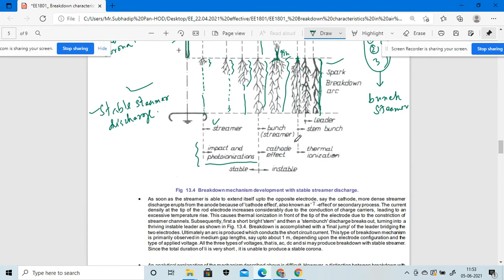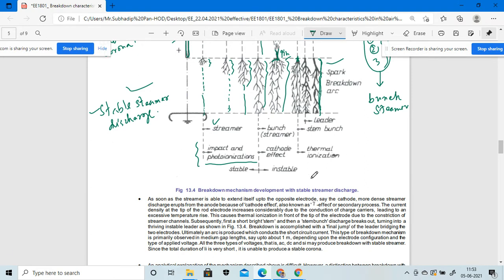So depending upon the various types of corona effect, various ionization processes are taken into consideration. In case of a leader corona, we have a thermal ionization process. In case of a streamer corona, we have a photoionization process. In case of a star corona, we have an impact ionization process, right?